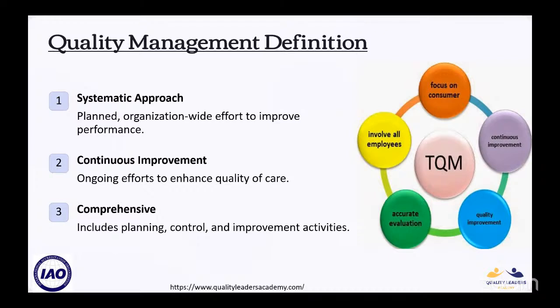It's systematic, meaning there's a particular method, a particular process, a structure. It's planned, meaning it's intentional and strategic. And it's organization-wide, meaning everyone is involved from the top CEO to the frontline staff. So quality management is how organizations create a culture and a system that produces high quality care, right?